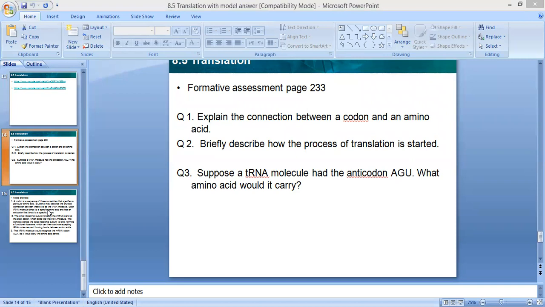The tRNA contains complementary anticodons, which will bind to the codons in the messenger RNA, and it will form amino acids, which will then be bound by the larger subunit of the ribosome. Bravo, thank you very much for that.